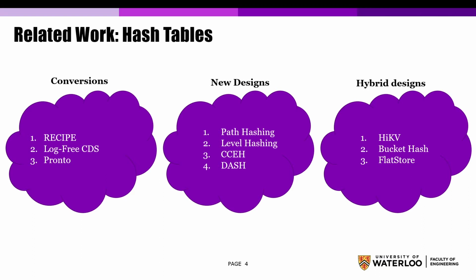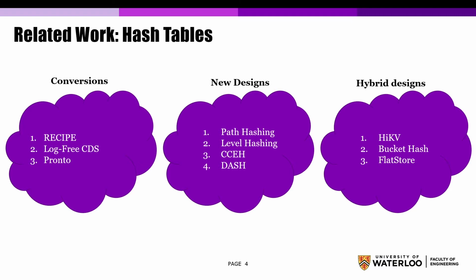New designs, which offer fast recovery and data locality, while being complex and performing all their stores in persistent memory, which is expensive. And hybrid designs, which try to reduce the number of stores to persistent memory to increase performance while sacrificing some of the recovery time that will be spent rebuilding the volatile counterpart of these structures. For our implementation, we combine the conversion and hybrid approach.